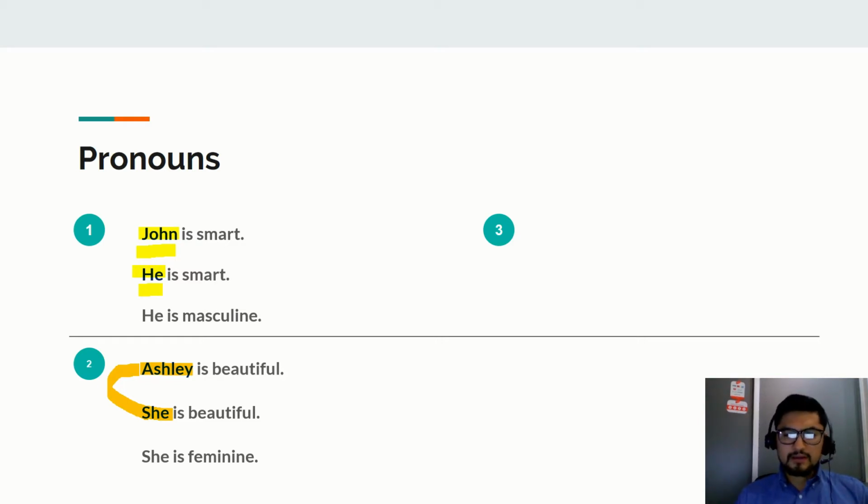All right, let's look at our third example. The third example says the bus is late, right? The bus. So this time our subject here is the bus. And we want to replace the bus with a pronoun. The pronoun that we're going to be using is going to be it.